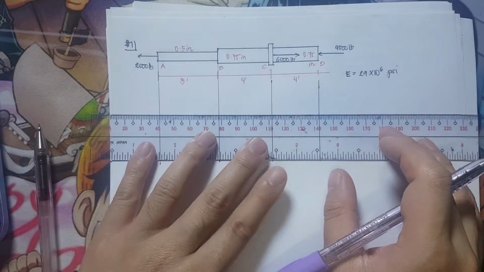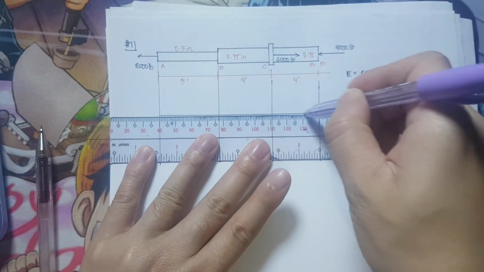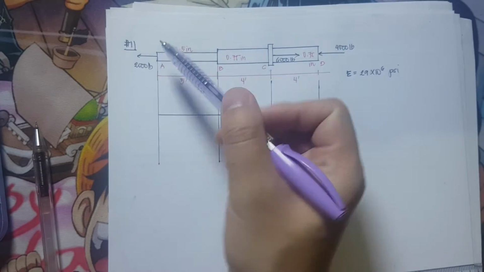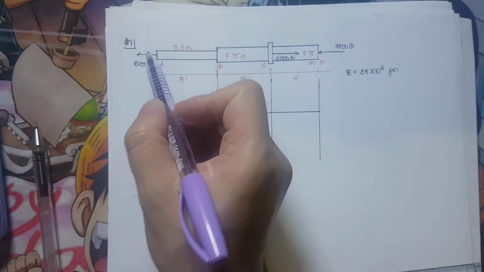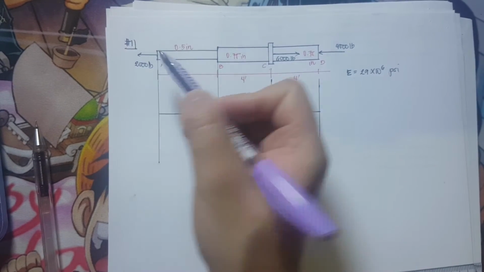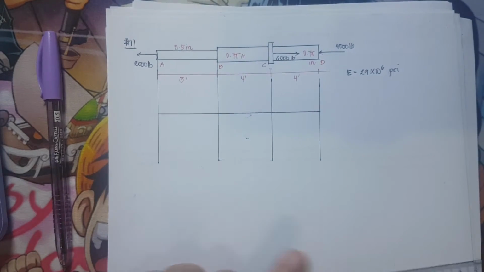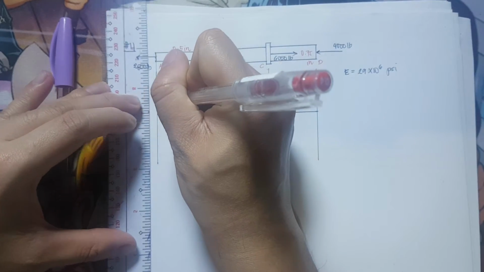Okay, so with the help of the axial diagram, it would be much easier. So the force on A is tension, okay, because it is pointing away from our cross-sectional area. Therefore, it is positive. Okay, so that is positive 2,000.